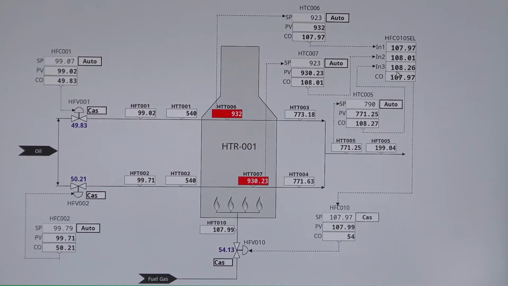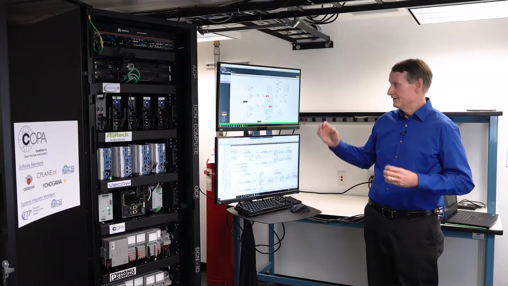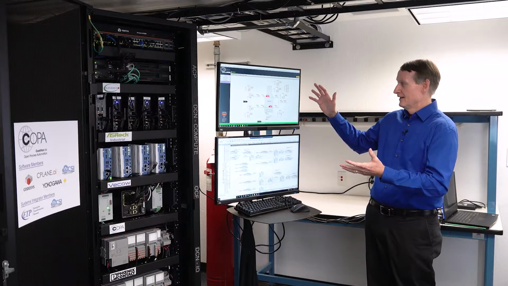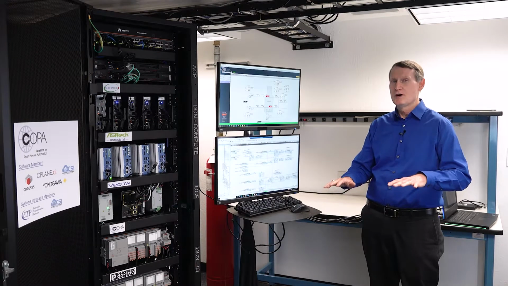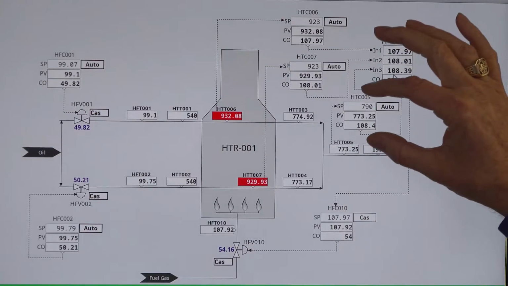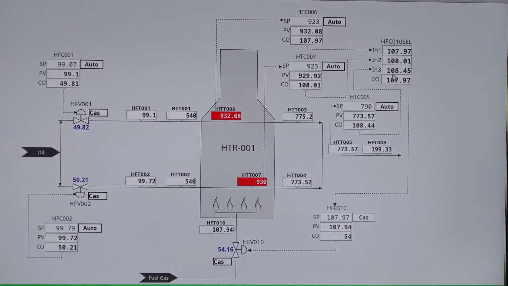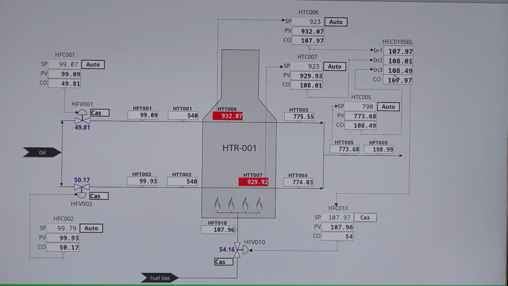However, it's not going to do anything really about that situation. It's going to sort of park the heater in that mode so that the best you can do with this strategy is keep the tube skins from getting too hot, but you're never going to reach your desired set point on the outlet temperature because this strategy isn't smart enough to prioritize and take advantage of other degrees of freedom that it has.